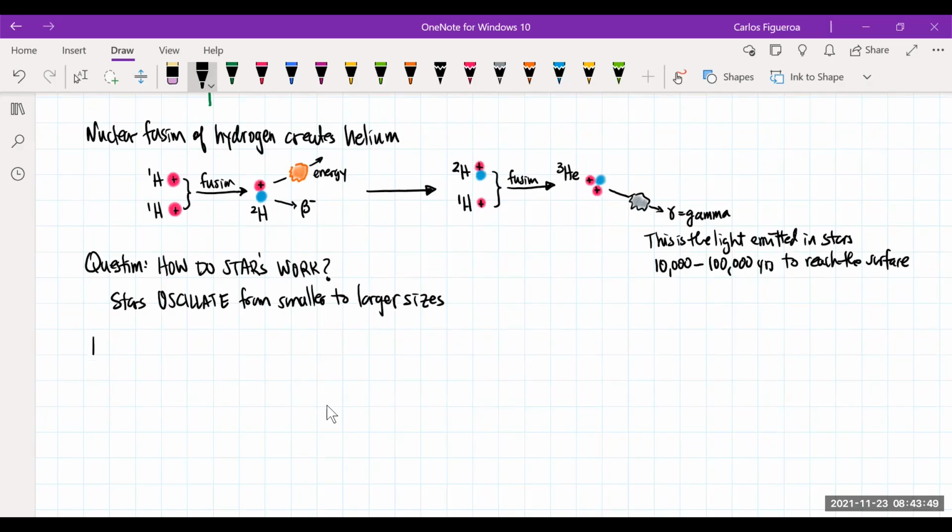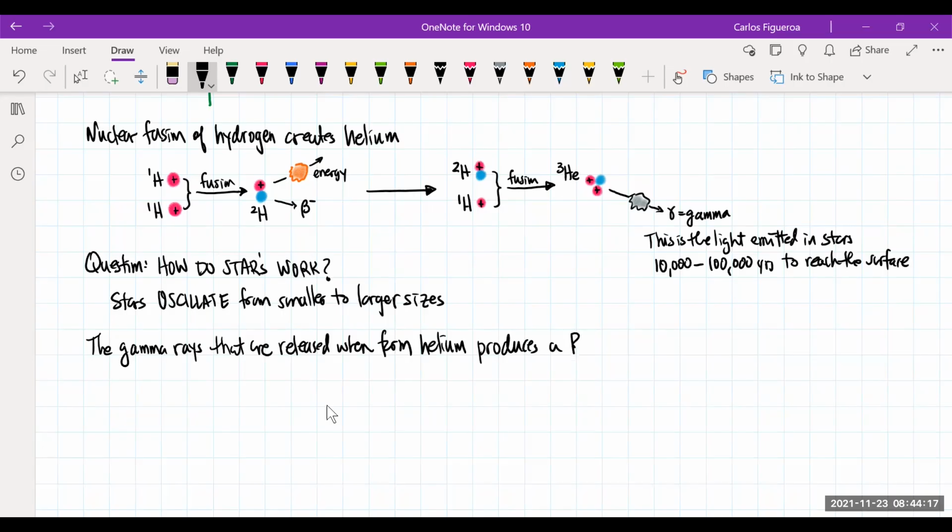So it turns out that the gamma rays that are released when forming helium produce a radiant pressure.